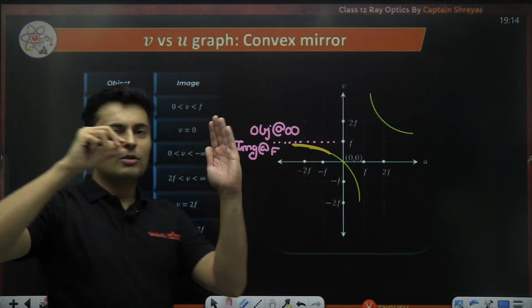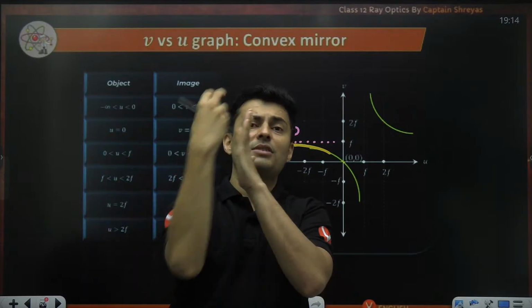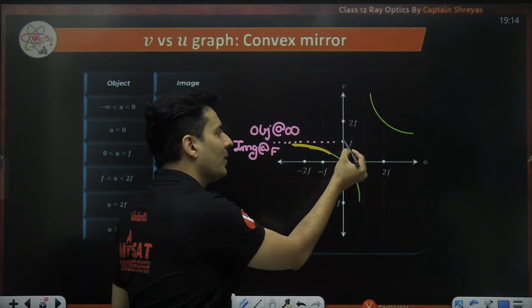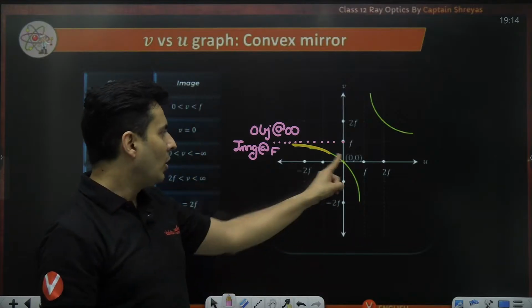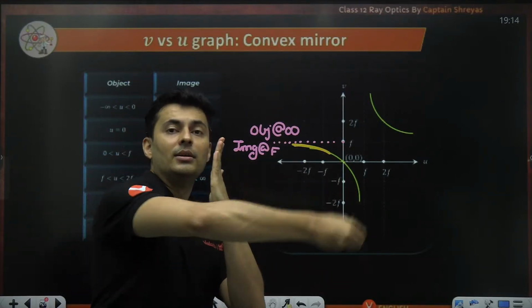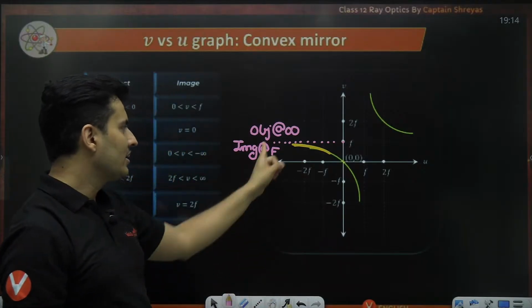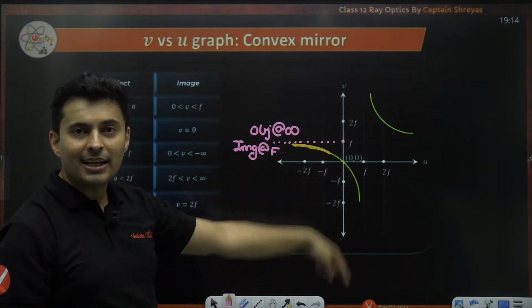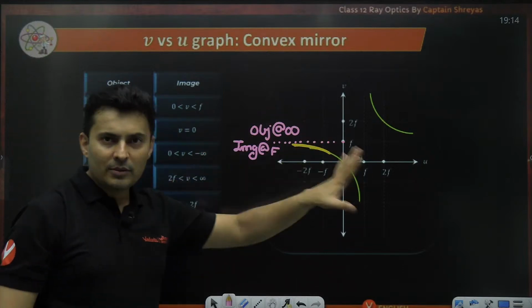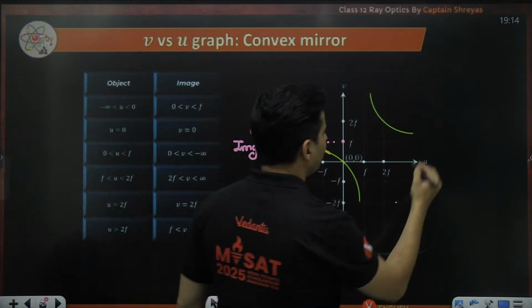Makes sense? If the object is very, very far away, the image will be formed on the other side, at positive f. That's why you can see plus f over here. Object distance is negative infinity, image is formed on the focal point. Are you seeing that? That's very interesting, guys. So that is one aspect which you should know. Again, this is obviously a hyperbola.